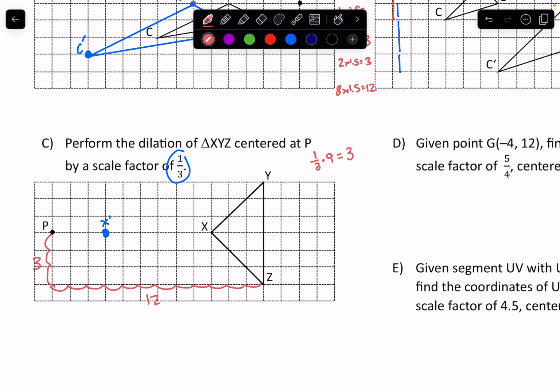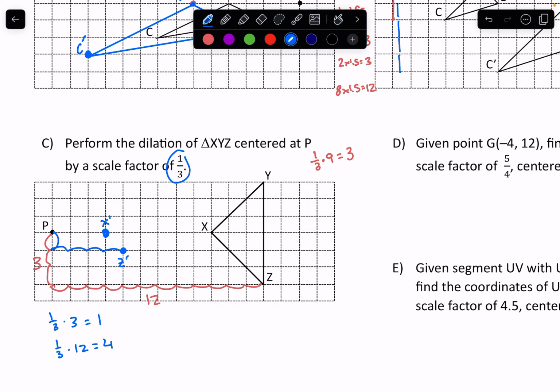Now let's multiply those numbers by 1/3. So 1/3 times 3 is equal to 1. 1/3 times 12 is equal to 4. So that means to get to Z prime, I'm going to go down 1, and I'm going to go over 4. 1, 2, 3, 4. And I'm going to put a dot right there and call that Z prime.